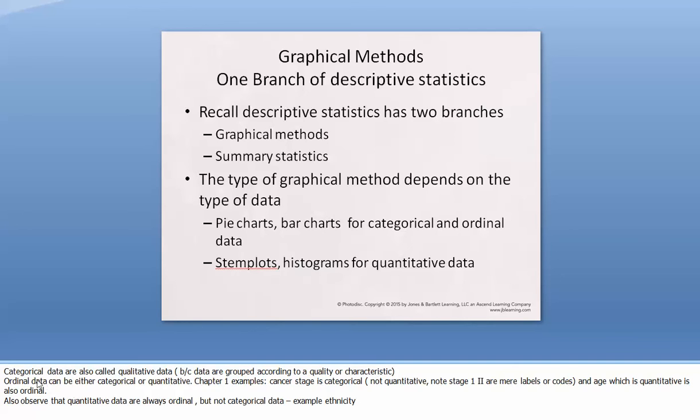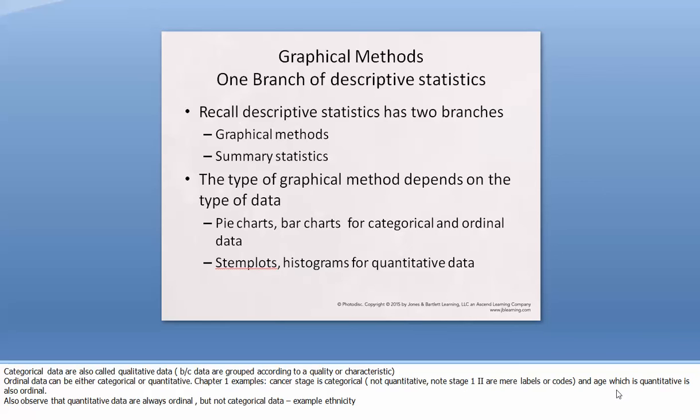Also remember, ordinal data can be either categorical or quantitative. If you go back to chapter 1 examples, cancer stage is categorical because there were several groups, but it is not quantitative.